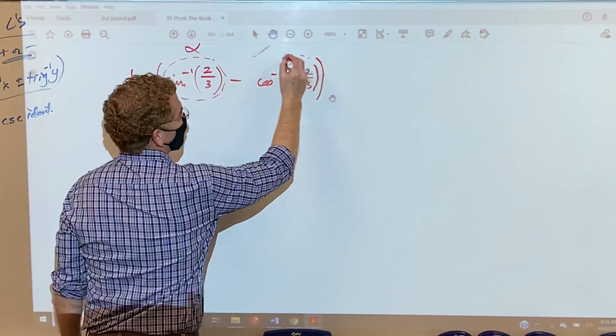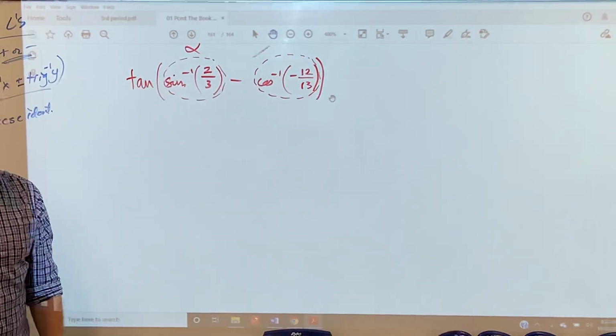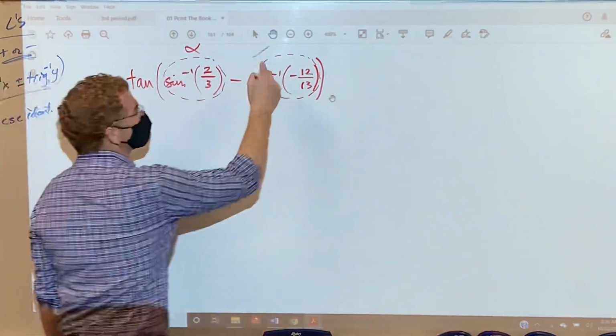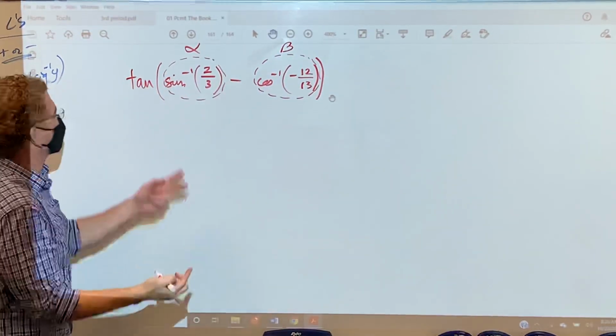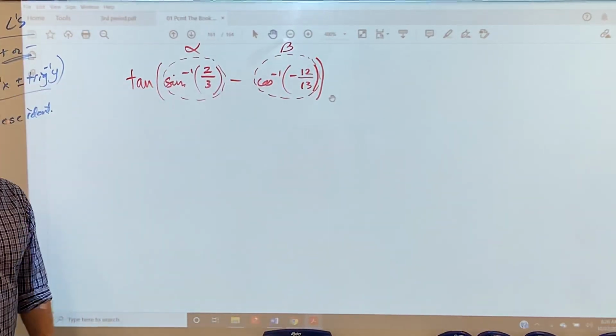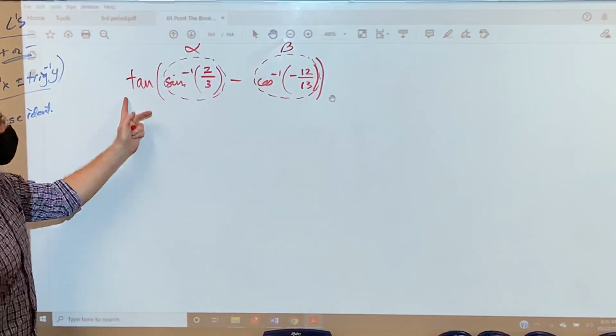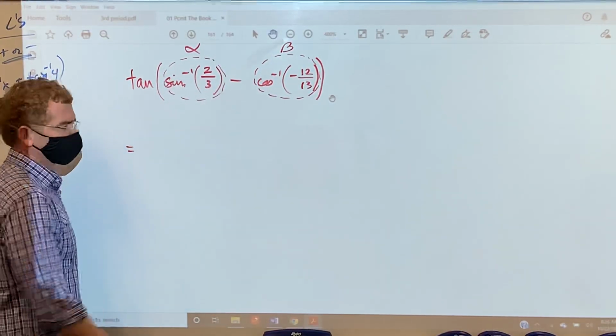But I do know that all of this right here represents some angle. And same thing with this. I have no idea what that is because that is not a unit circle value, so I can't find it. But I do know that it represents some other angle. So what I technically have here is a tangent of an alpha minus beta identity. Right? And if I have a tangent of an alpha minus beta, what identity do you guys use?